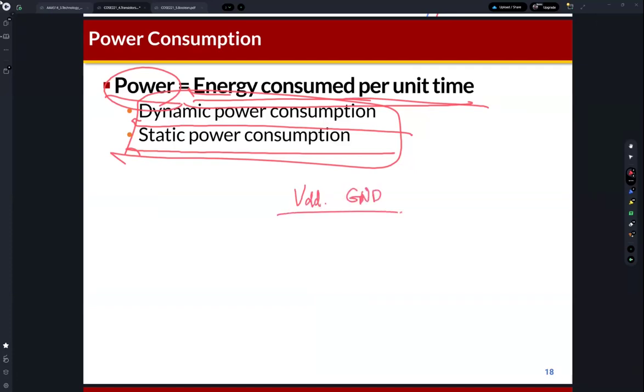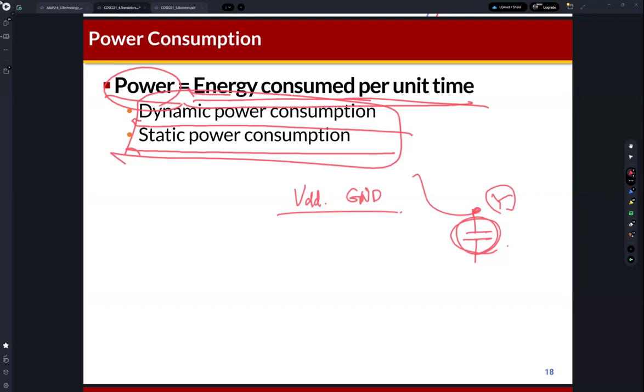Based on the input signal value, like the input gate level, the output value also changes. This means that electric charge is moved to the capacitance of this output node. This is the output node. When electric charges move in a circuit, power is consumed.